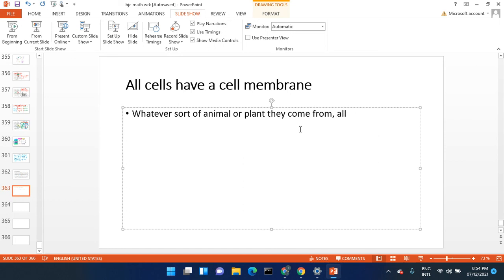Whatever sort of animal or plant they come from, all cells have a cell membrane around the outside. It's still general. Notice it's health now, my dear.